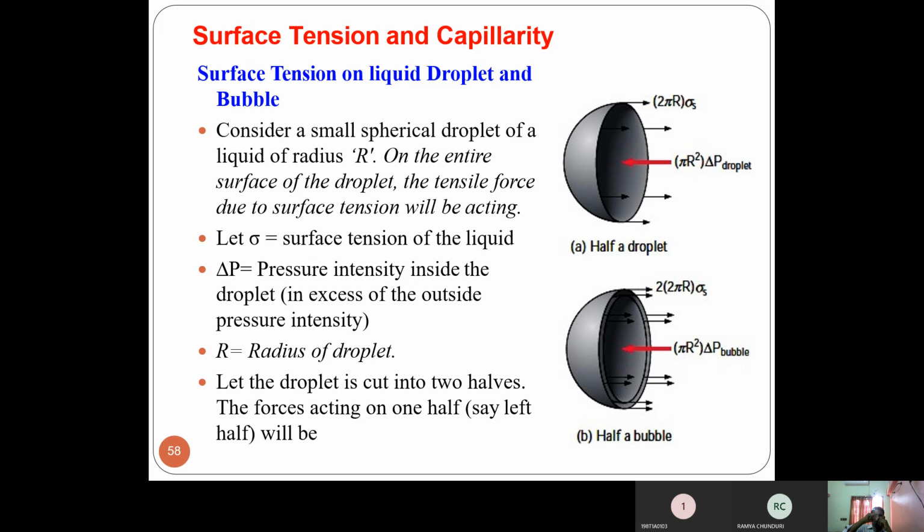Understand? We open the container cap and put it in the soap water, and if we flush the air, what will happen? A soap bubble will form. Understand? If we forcefully issue air, this air will flow through the thin soap water layer, and it forms one bubble.